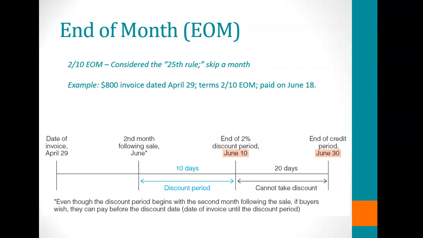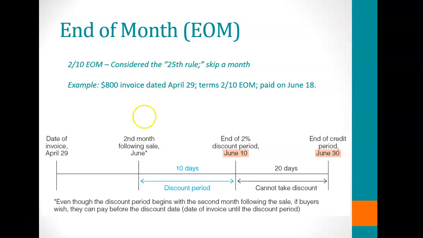This one says 2/10 EOM, consider the 25th rule or skip a month. Now, this is a little bit more challenging, or not more challenging, but you have to understand the terms. When you see a term like this, it is actually saying that the discount is going to be if you pay within 10 days, in this case, of the second month, because it's saying we're going to skip a month.